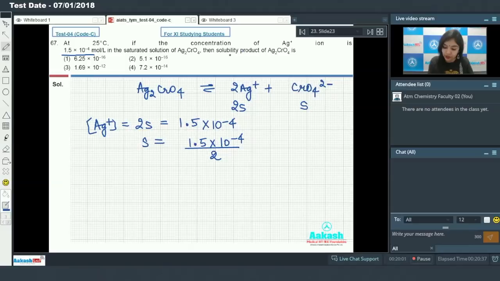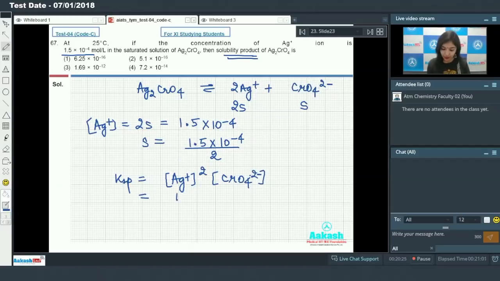Now you have to find the solubility product, which is KSP. So what is the expression for KSP? It will be equal to the concentration of Ag plus whole square, because the coefficient of Ag plus is 2 here, into the concentration of CrO4 2 negative.